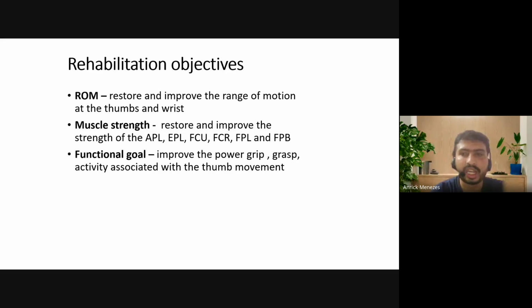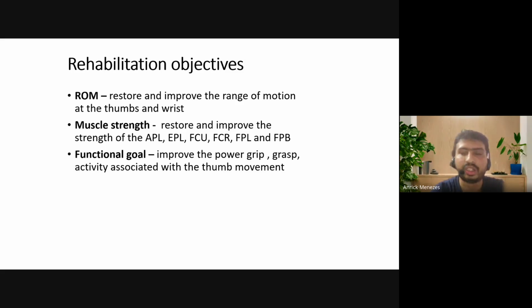You will have some function, but that won't be enough to stabilize it, so it has to be improved. It needs a lot of appreciation of each muscle individually and then activating it. That is very important. Functional goal: to improve your power grip, grasp, and activity associated with thumb movement.